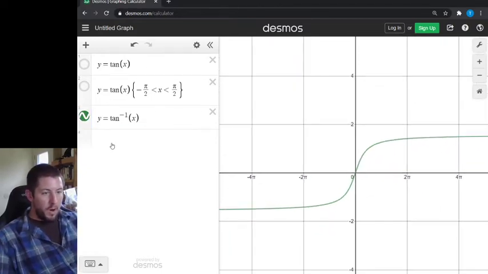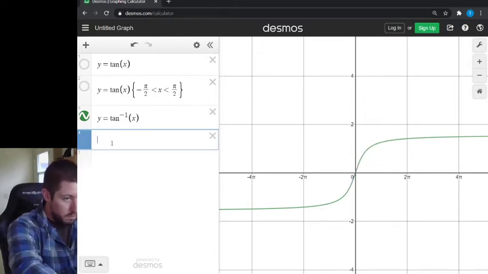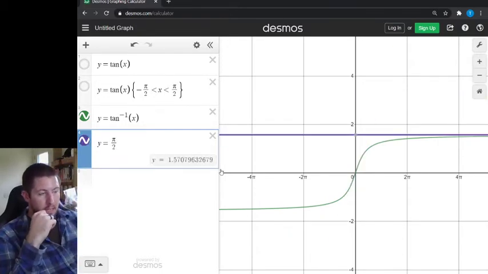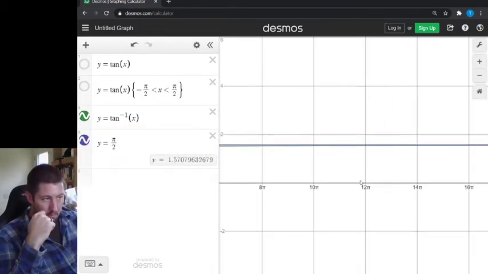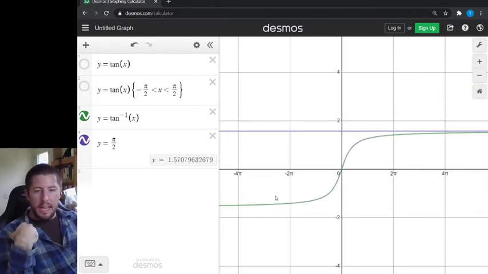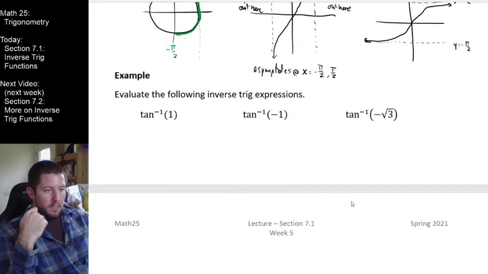In fact, we could say y equals pi over 2, and you can see that is the bounding line for the tangent inverse function. It's never going to cross over that. Similarly for the negative pi halves down there. So we know where that tangent stuff is going to live. Let's do a couple examples, and I think we'll be good to go.